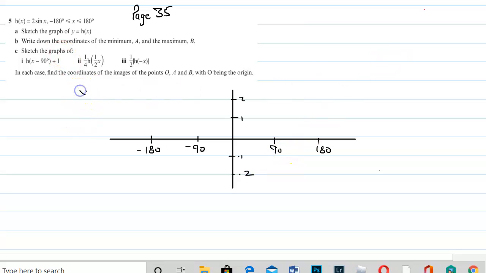First we draw y equals sin x. Sin 0 is 0. Sin 90 is 1. And sin 180 is 0. So this is the graph of sin x.